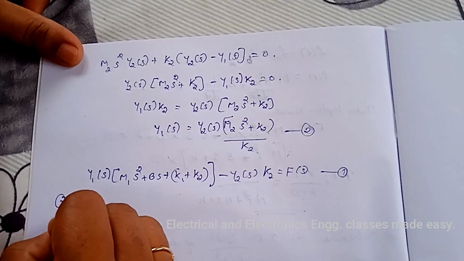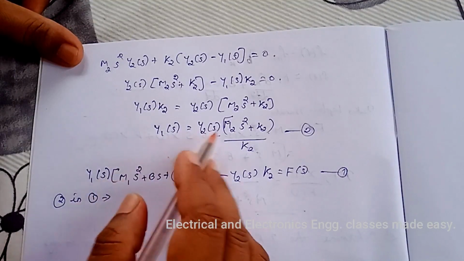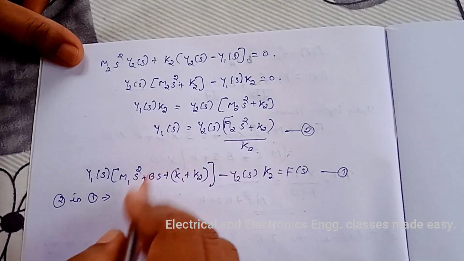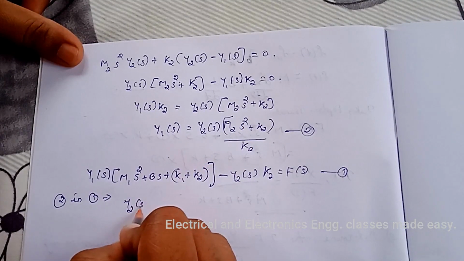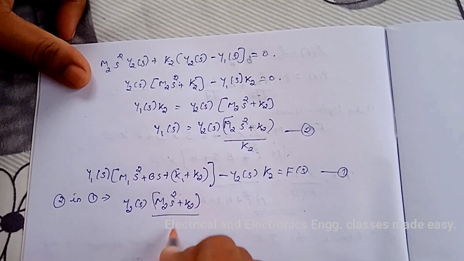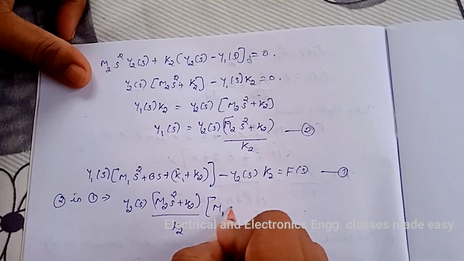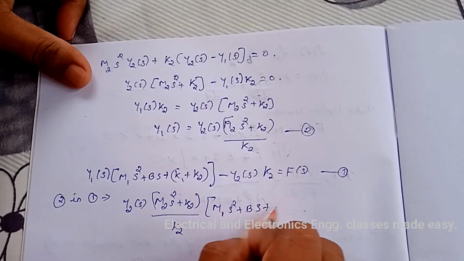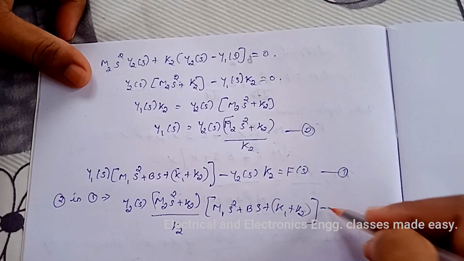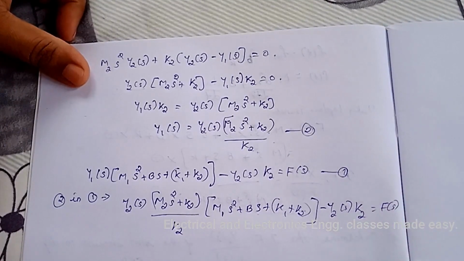For Y1(s) we have to write Y2(s) into m2 s square plus k2 divided by k2, then this one, m1 s square plus bs plus k1 plus k2, then minus Y2(s) into k2 equal to F(s).